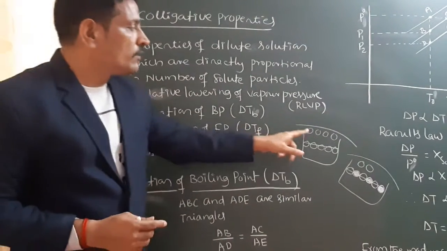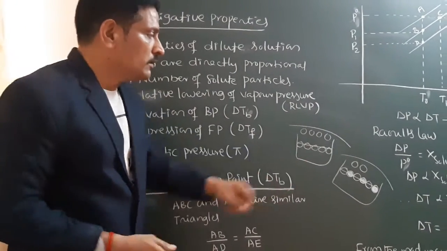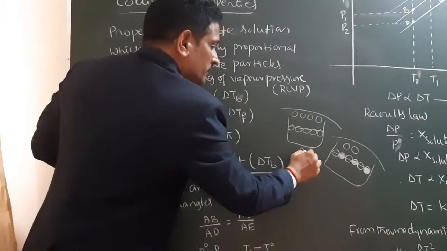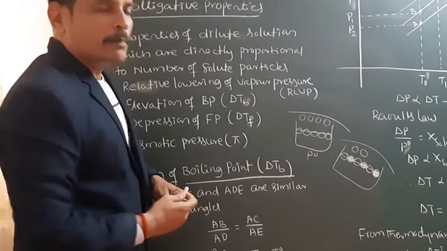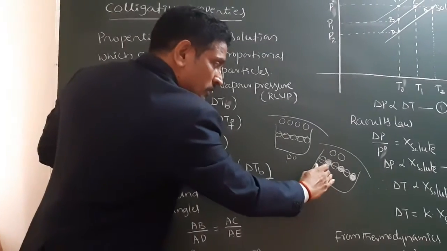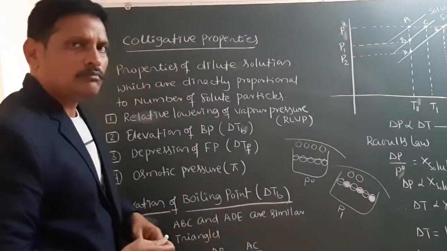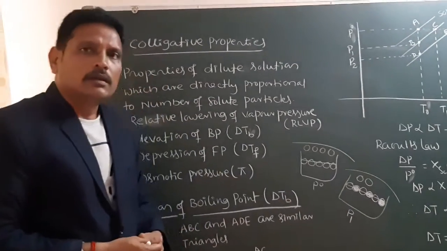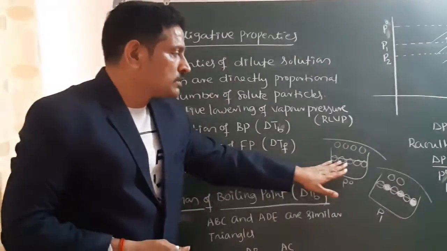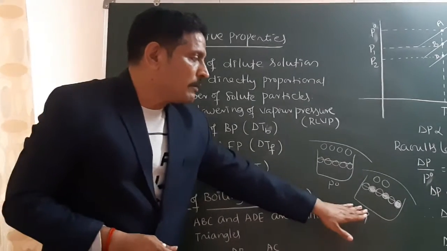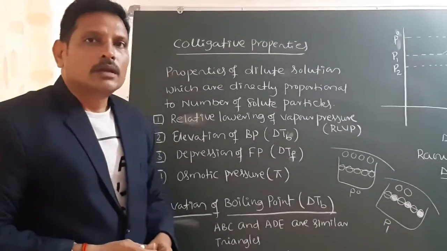Therefore, the vapor pressure of the pure solvent is indicated by P0 and the vapor pressure of the solution is indicated by P1, or sometimes by P. So the vapor pressure of the pure solvent is always more than the vapor pressure of the solution.